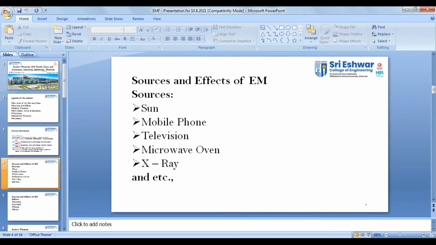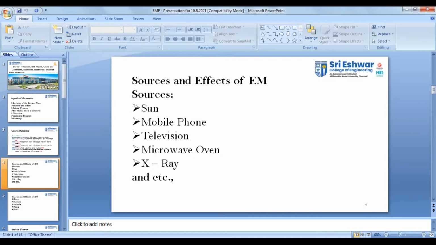The universally available natural source is the sun. So the sun is the first thing from where I can get electromagnetic waves.